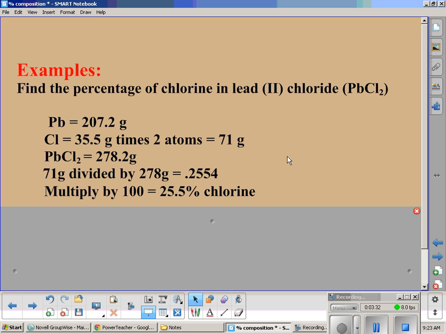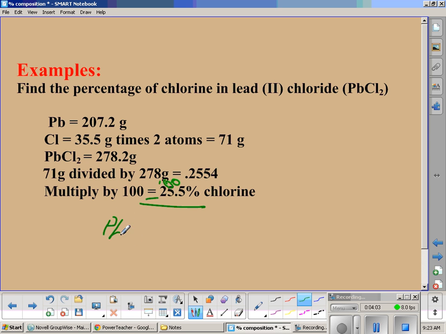Now, it's not asked here, but if you wanted to know what part of that was lead, there's actually 2 ways to do this. Now, the entire compound, if you have the whole thing, that's 100%. So if we were to simply subtract this from 100%, whatever's left over has to be the lead.